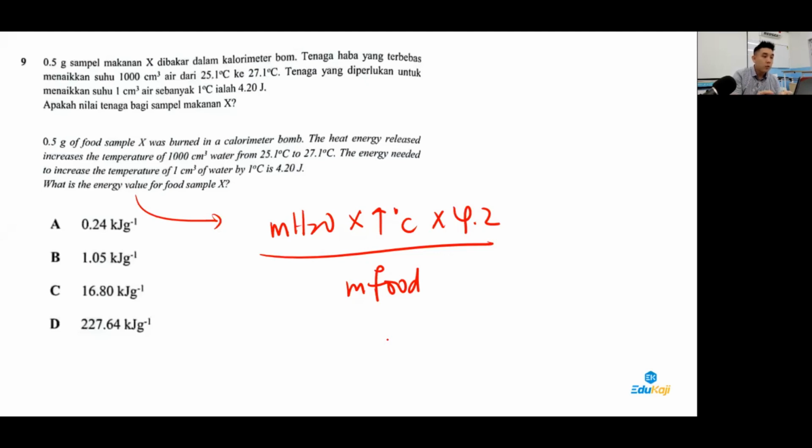So if you use a sample of water, the mass of water 1 cm cube, increase in temperature 2 degrees Celsius, 1.2 divided by 0.5, guys.